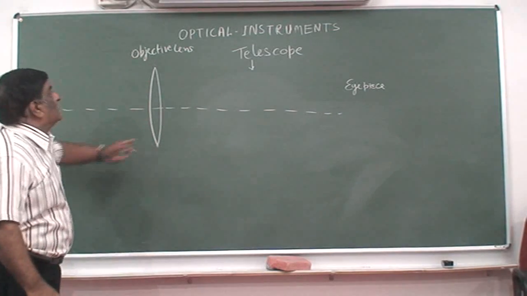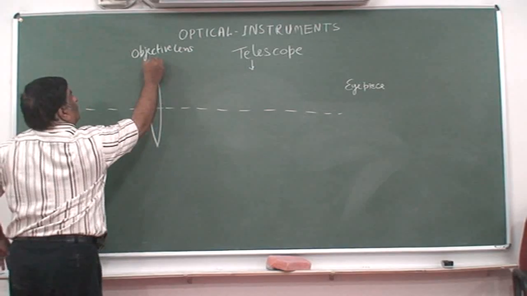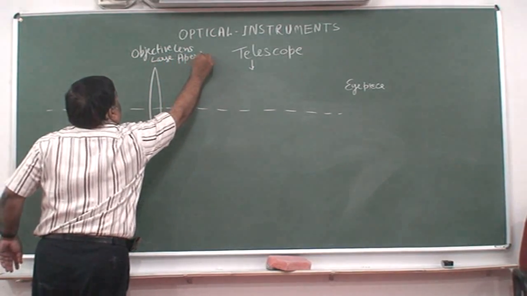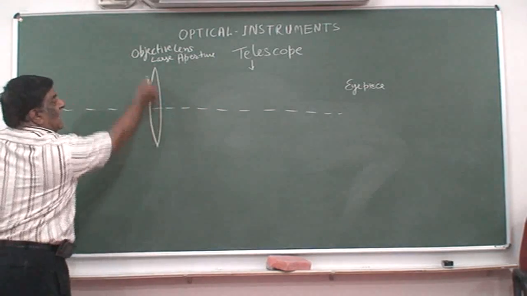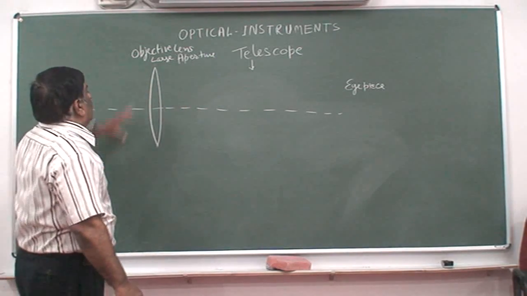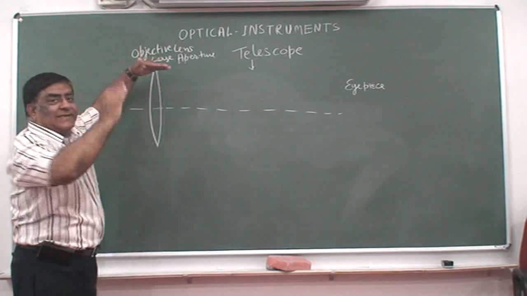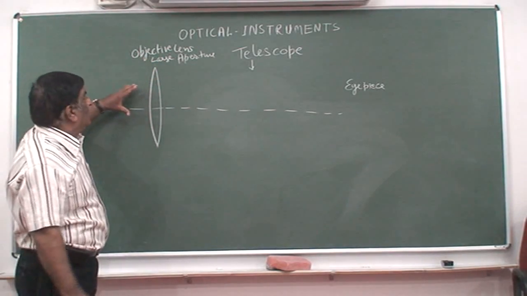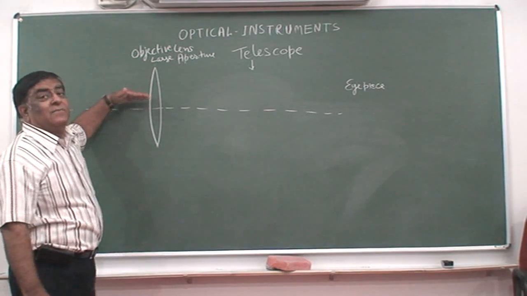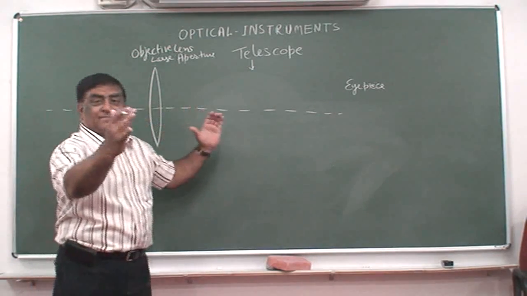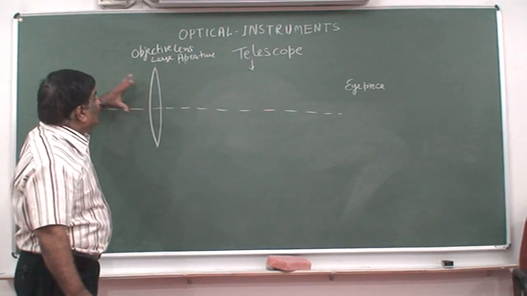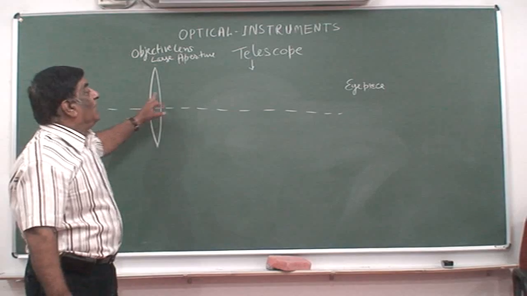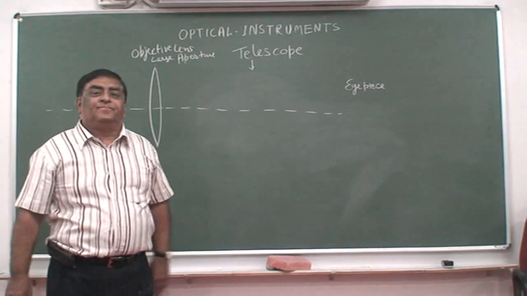This we make of large aperture. That is its specialty. Aperture means this diameter. Because of this large size, the number of rays coming from the star or from the far away object is very large. All these rays are gathered together. They are coming parallel and they will gather at the focus.